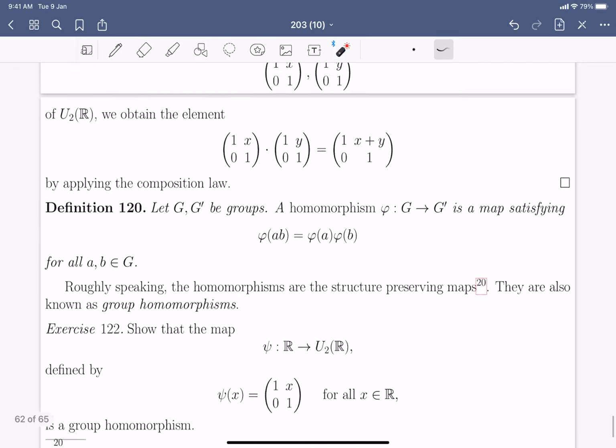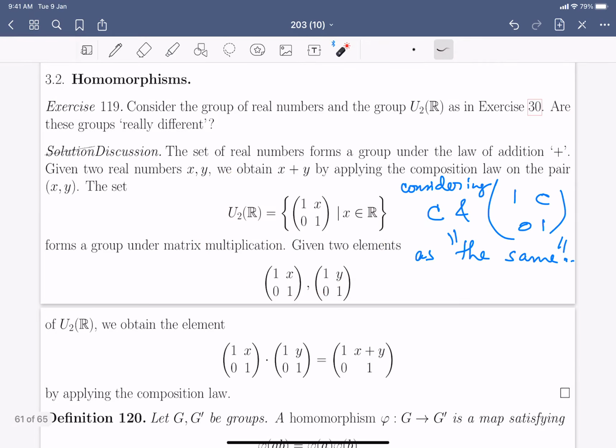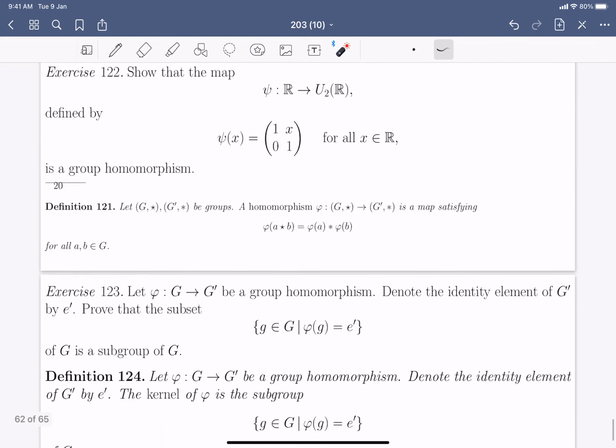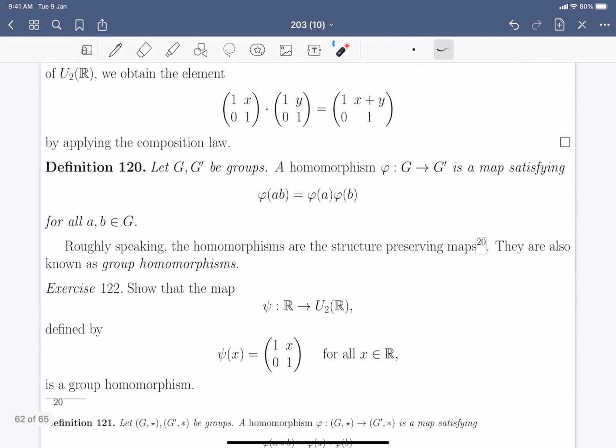And then what I have been explaining in terms of composing x and y and then composing the elements corresponding to x and y is this. You take x and y and compose them. How do you compose them? By adding.